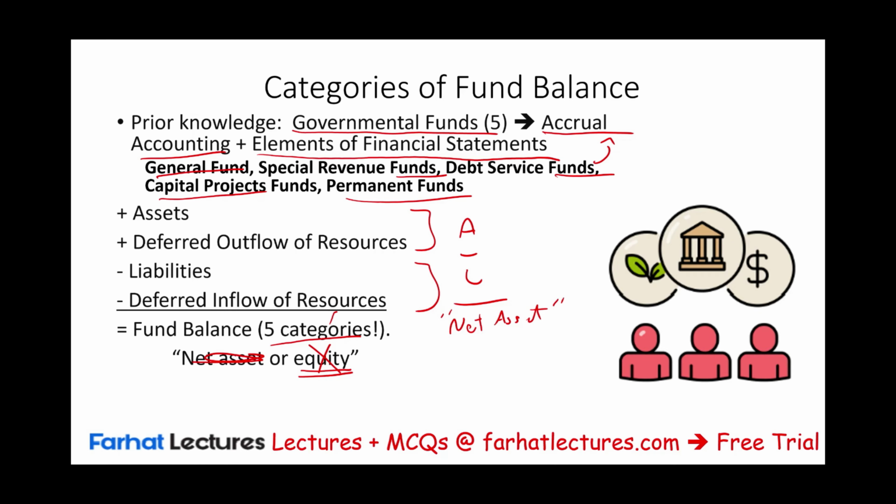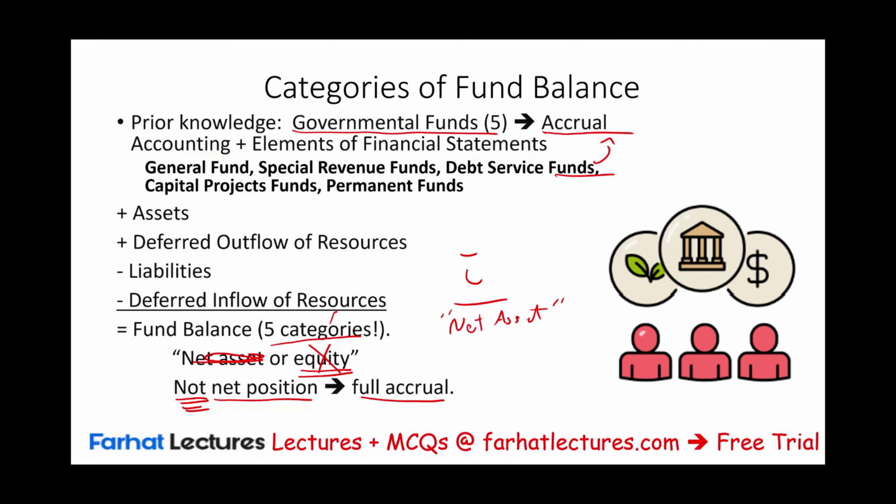This is governmental accounting. Now, also, you need to know that we have a term called net position. We're not learning about net position here. Net position is also used in governmental accounting, but for funds that use full accrual. The 5 governmental funds, the general, special, debt, capital projects, and permanent, use modified accrual accounting.